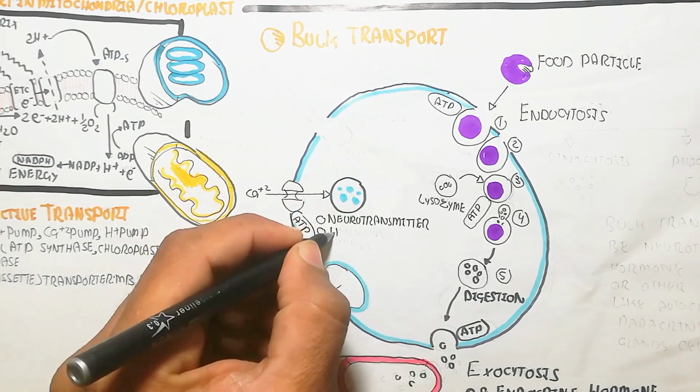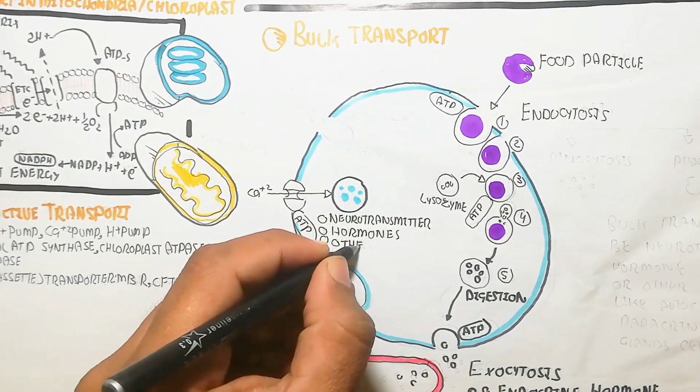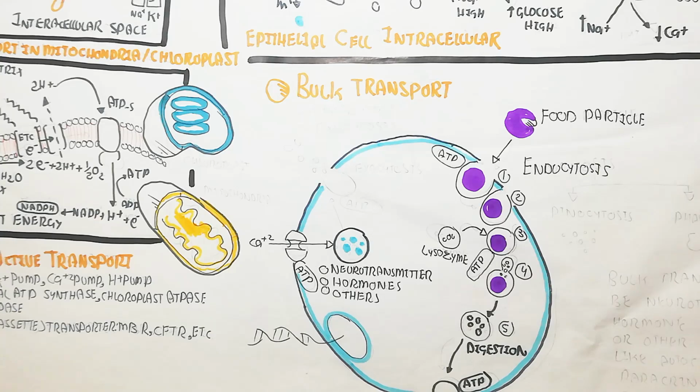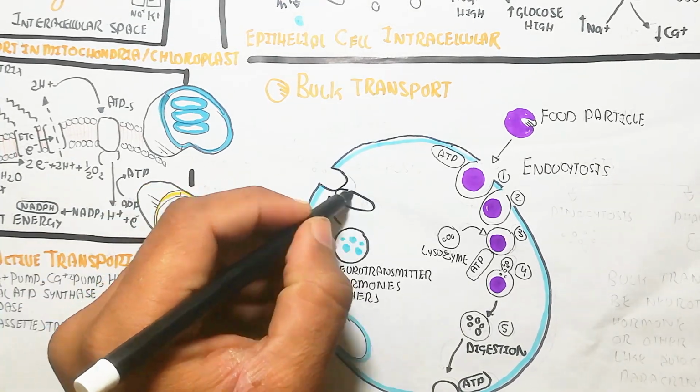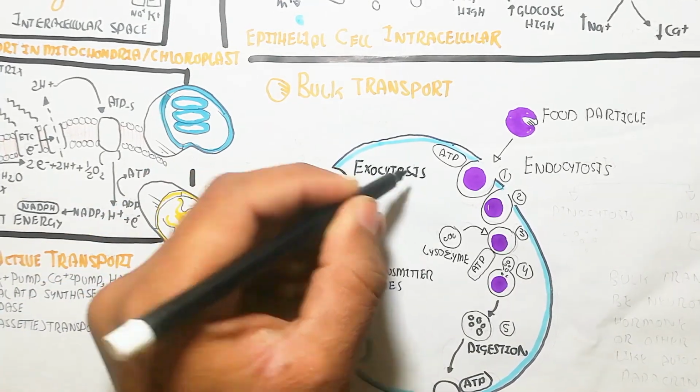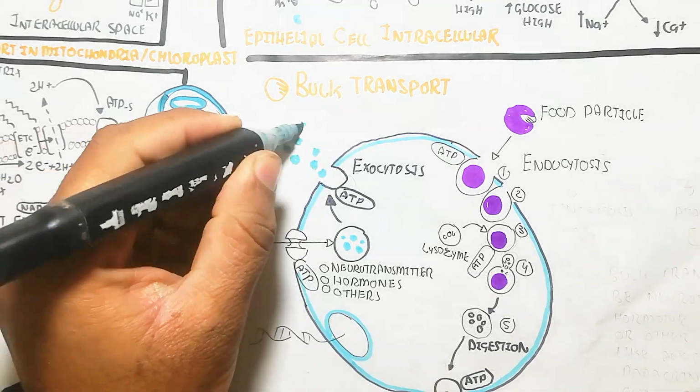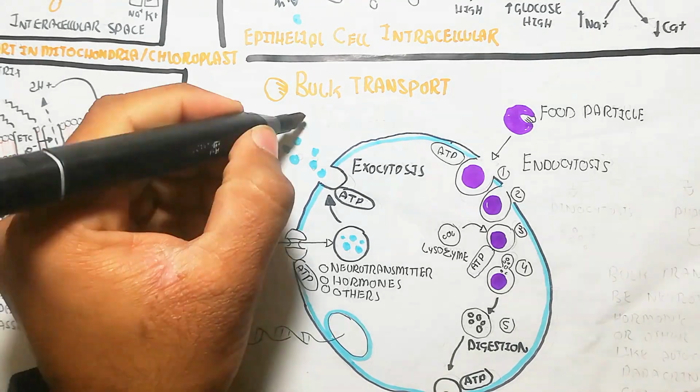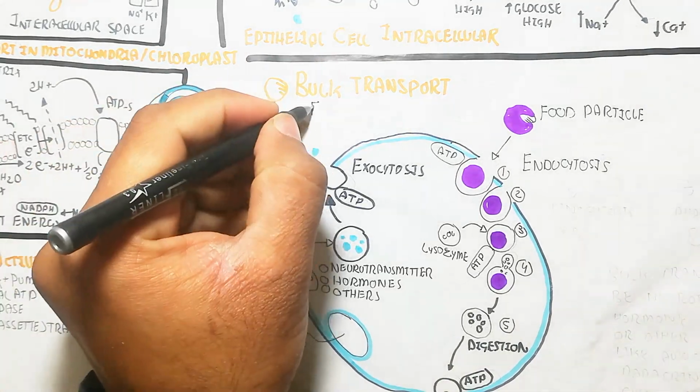Neurotransmitters and hormones are triggered via a calcium ATP dependent channel through active transport to exocytosis of the vesicle to release the neurotransmitter.